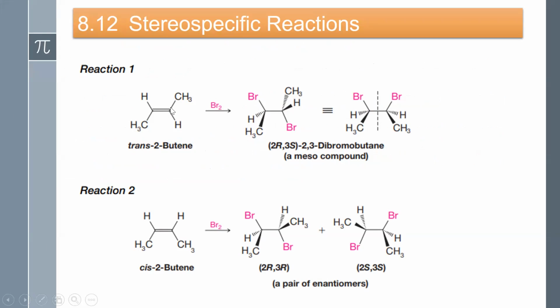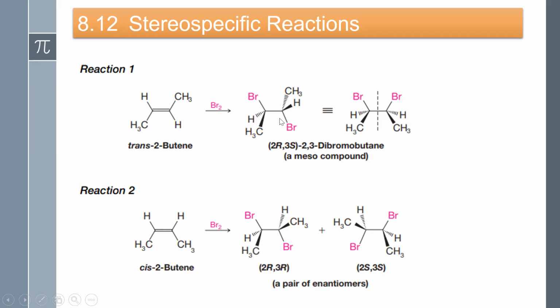bromonium ion. Once it forms that, actually what we get here is they are trans to each other. So what you get is a 2R and 3S, and you look here, there is actually symmetry between the two.